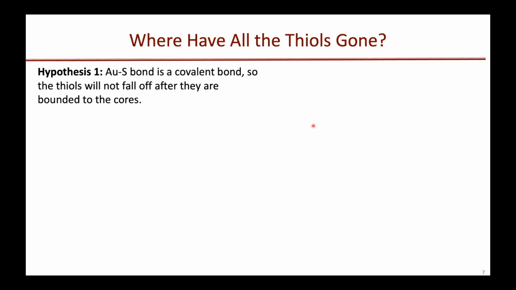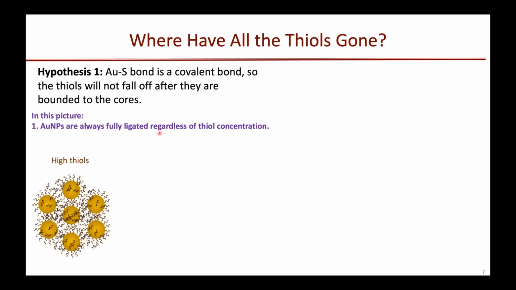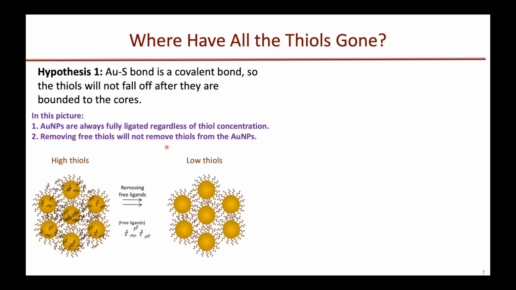There are basically two hypotheses in the field. The first one is that the gold-thiol bond is a covalent bond, so the thiols will not fall off after they're bonded to the cores. In this picture, the nanoparticles are always fully ligated regardless of the thiol concentration, and removing the free thiols will not remove the thiols from the gold nanoparticle core.